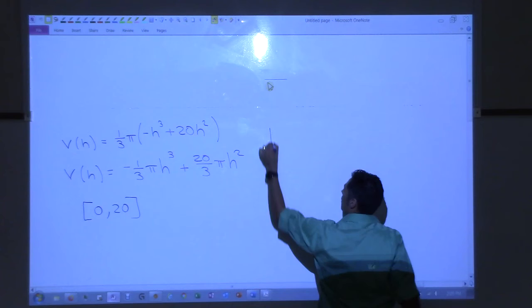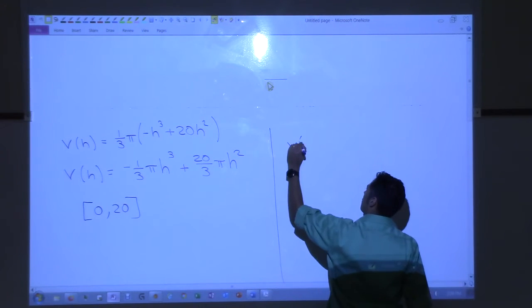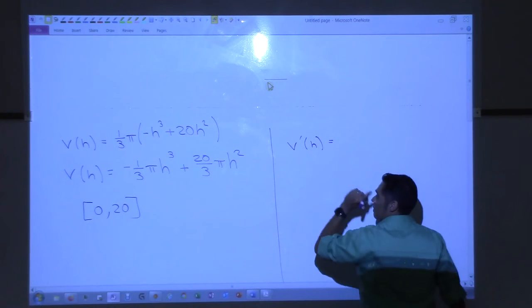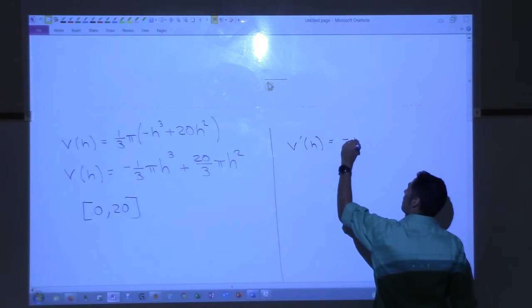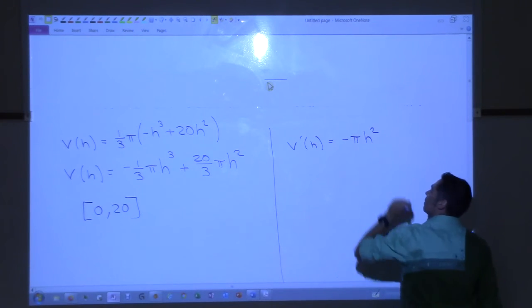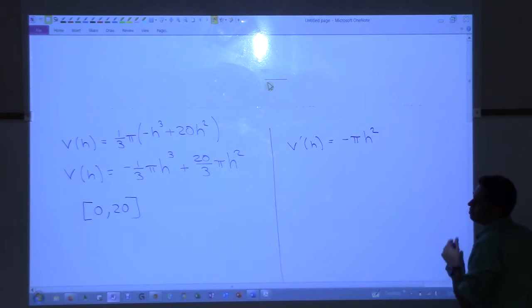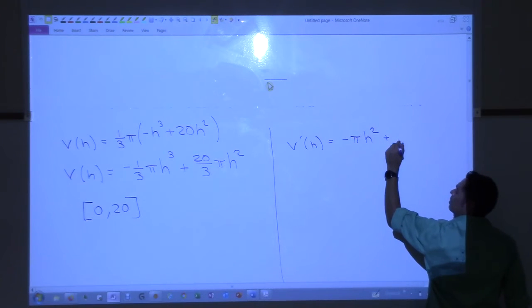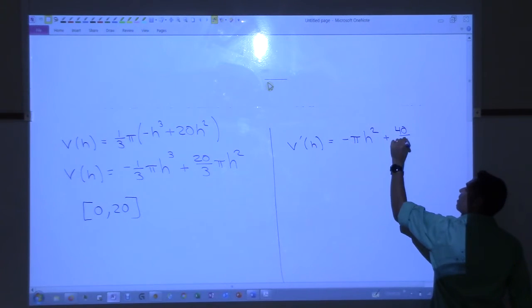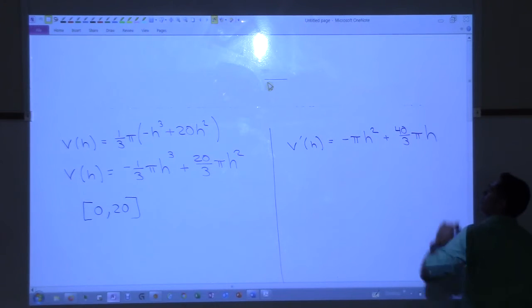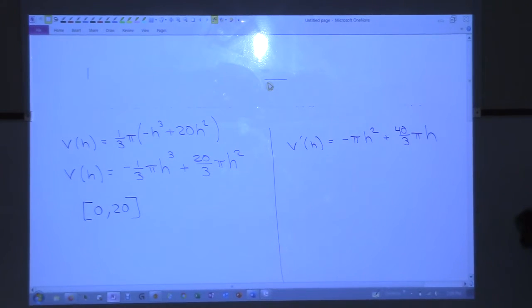Now this closed interval method, so we're going to take a derivative now. That's a very nice derivative compared to the last one, right? 3 comes out, so we just get negative pi h squared. And then 2 comes out, so plus 40 over 3 pi h. Okay, we need to set that to 0.